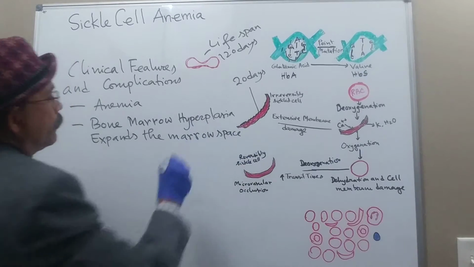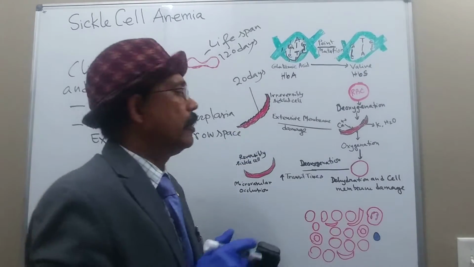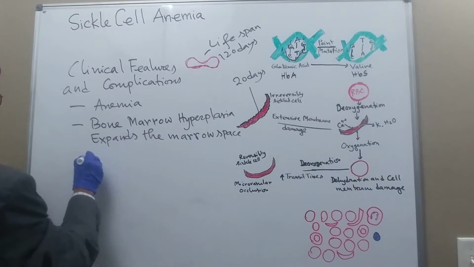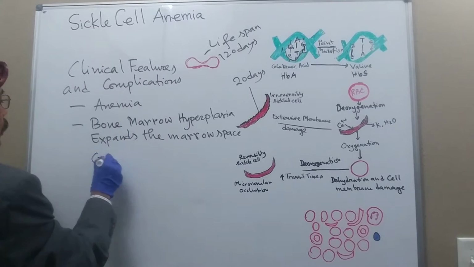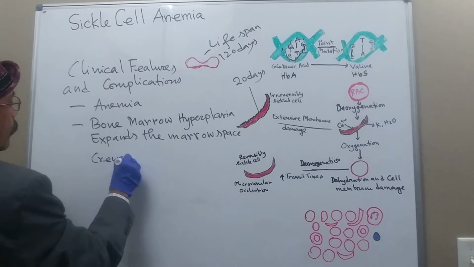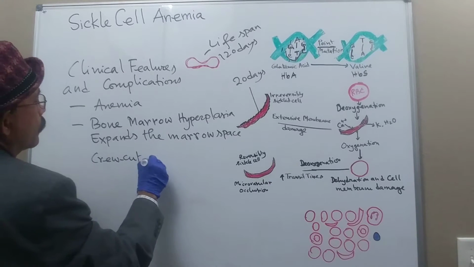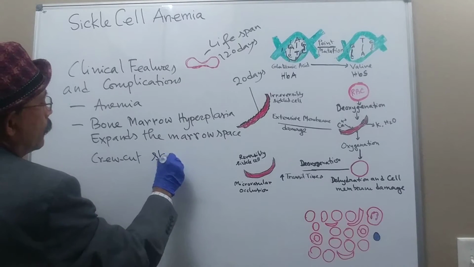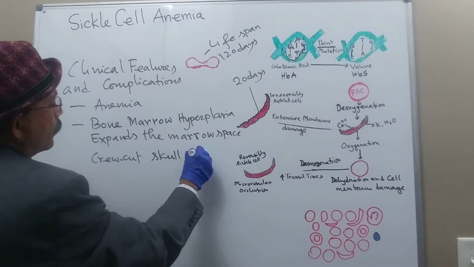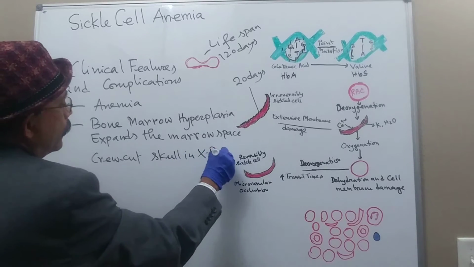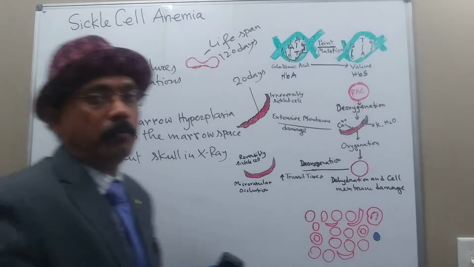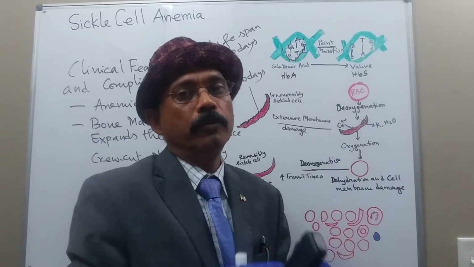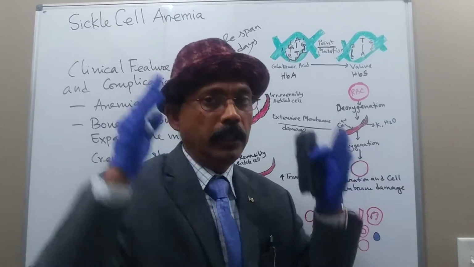So if you take an X-ray of the skull, we'll get a crew-cut skull appearance in the X-ray. Because of bone formation and bone growth, there will be spicules of bone in the skull.